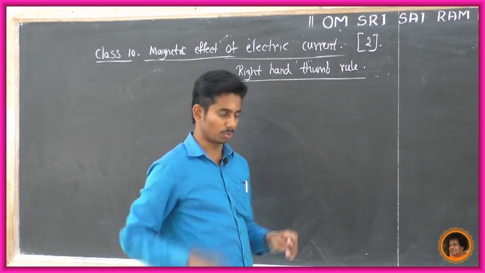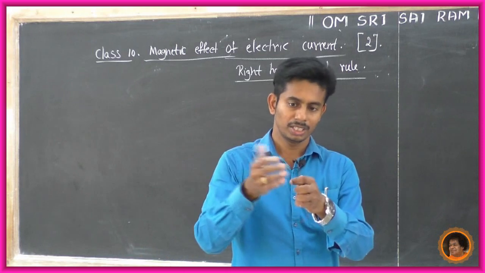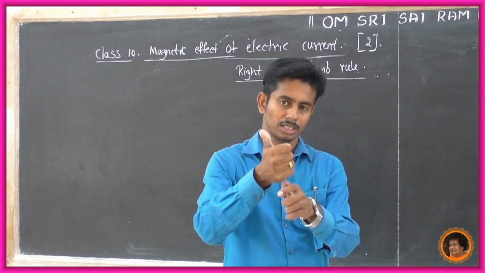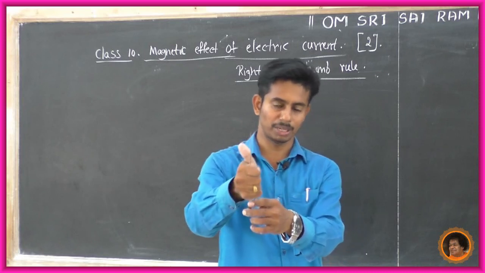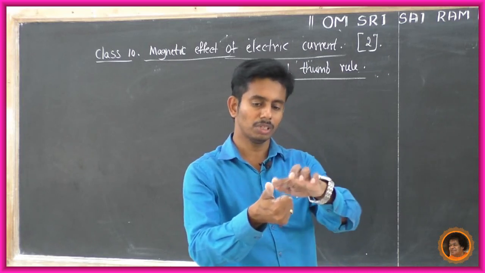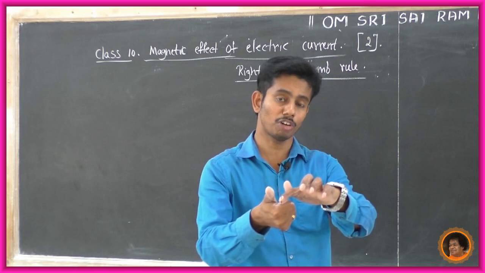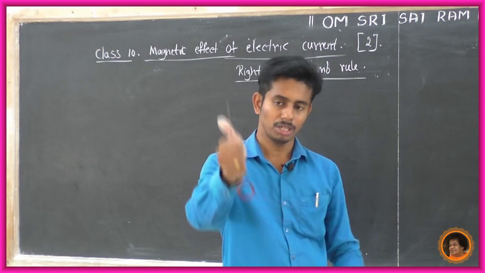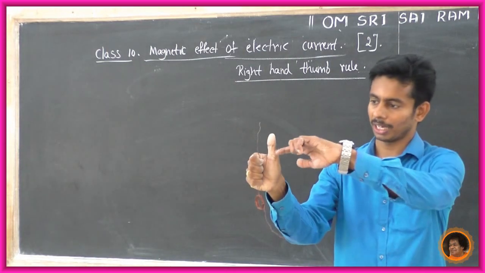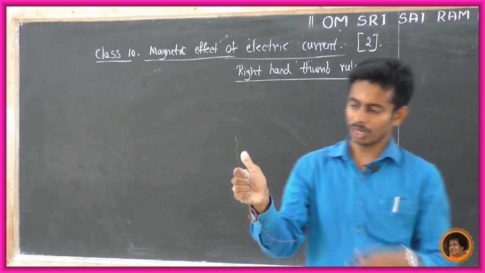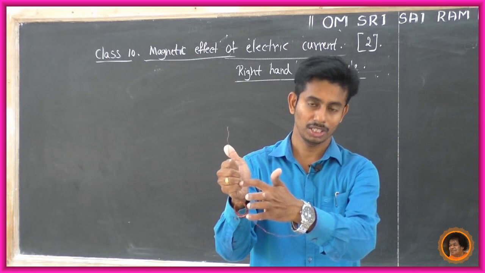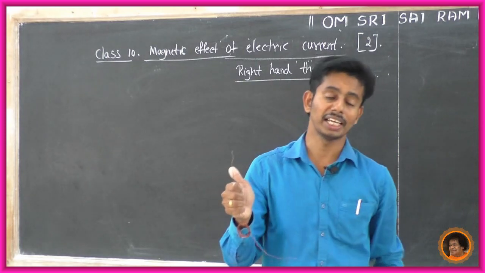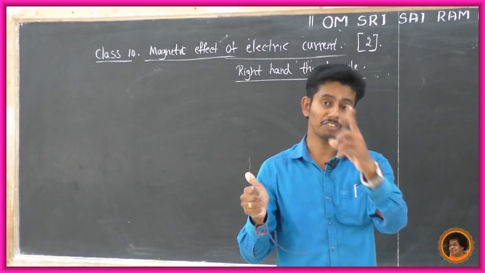Now keep the straight wire or straight conductor in this pattern. The thumb shows the direction of current. The rest of the four fingers show the direction of the magnetic field.